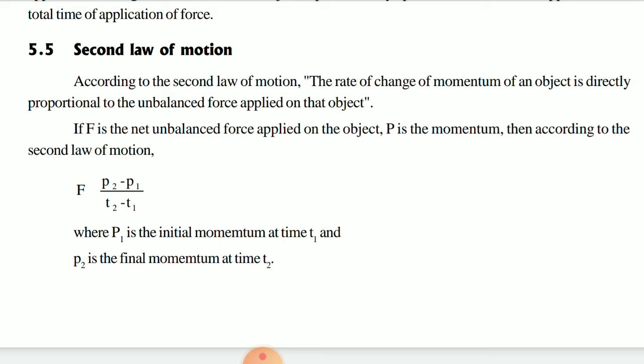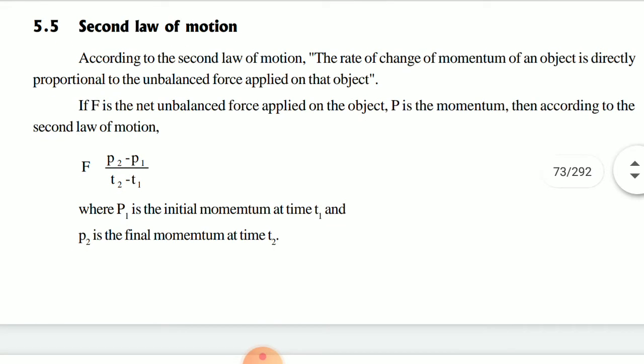Today we will learn about the second law of motion. Before learning the second law of motion, last class we had studied about momentum also. What is momentum? Generally the change of momentum depends upon the force applied and the total time. So we can represent it as capital P equals mv.